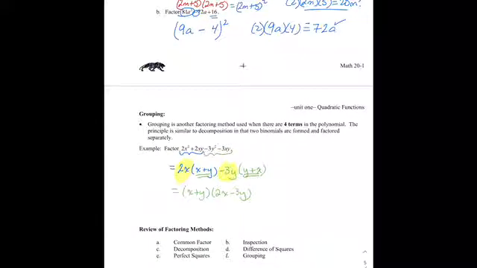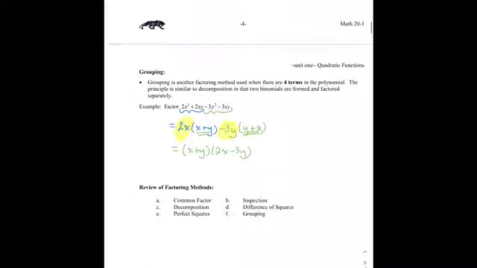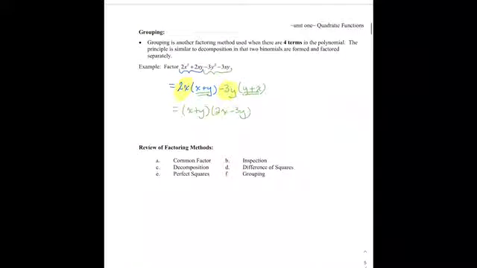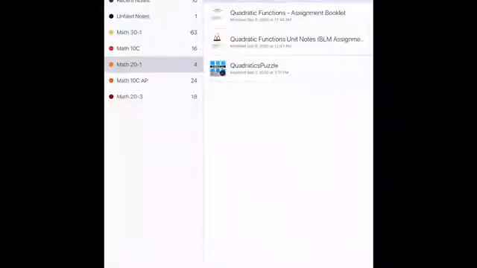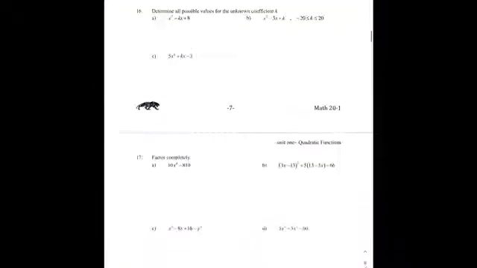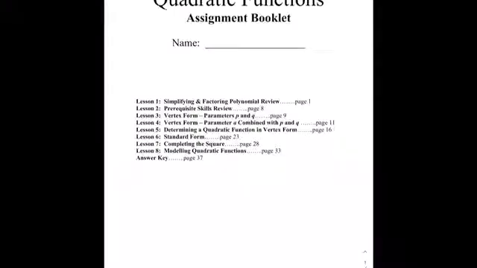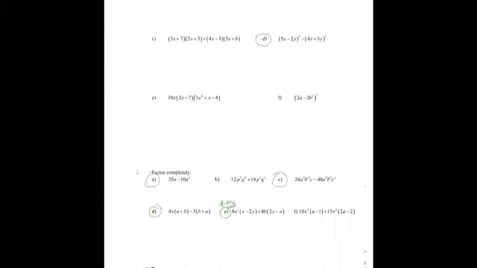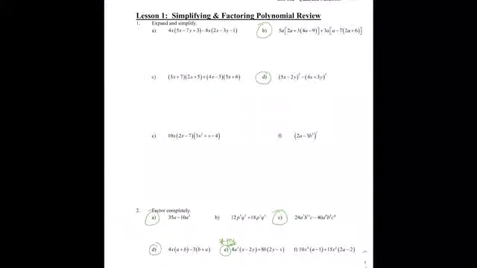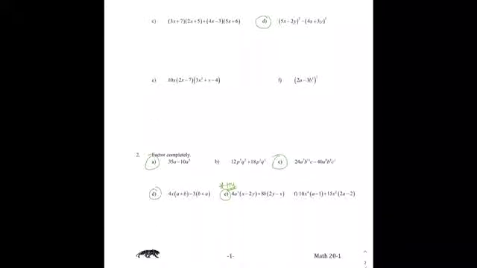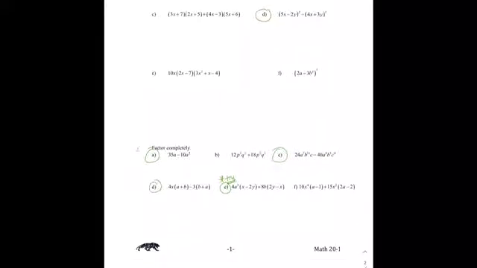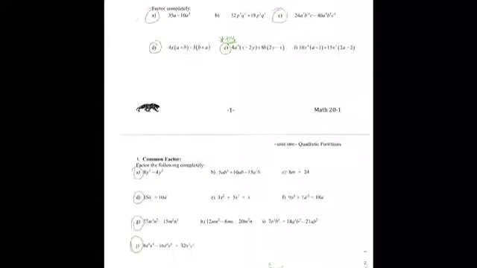So I've given an assignment here. If I look at the assignment booklet, I would assume that we should do pretty much, let's just take a look here quickly. I would assign most of these questions, probably number 1, B, D, 2, A, C, D, E. I would try that one.